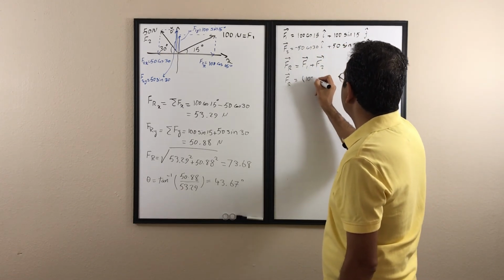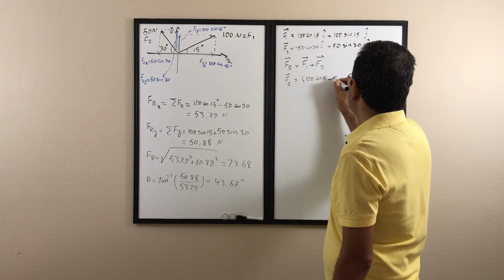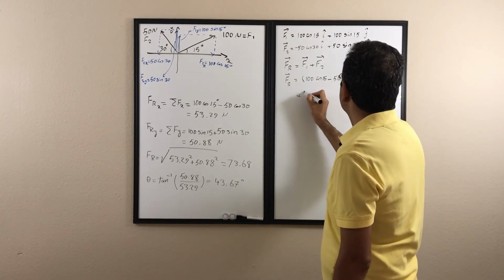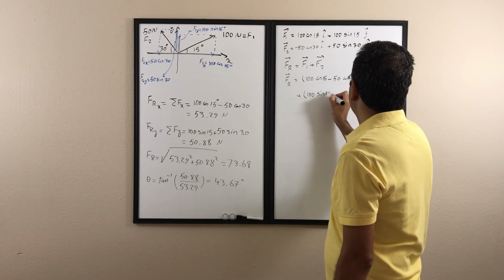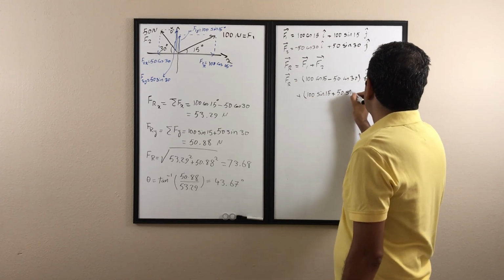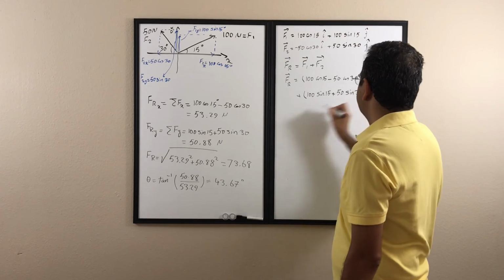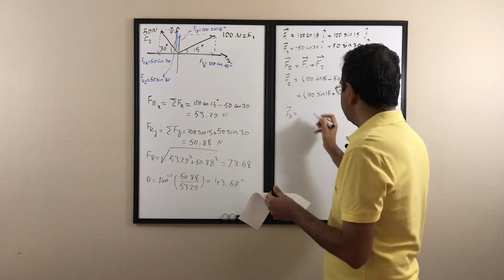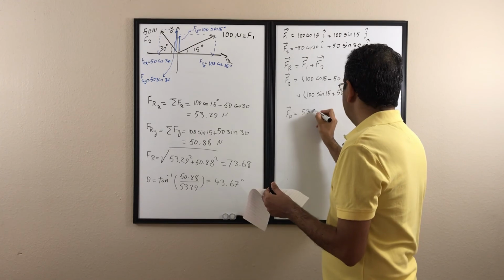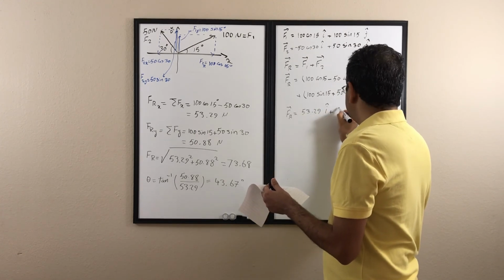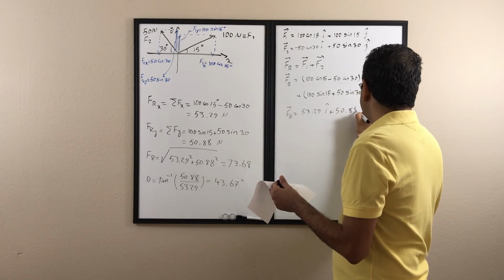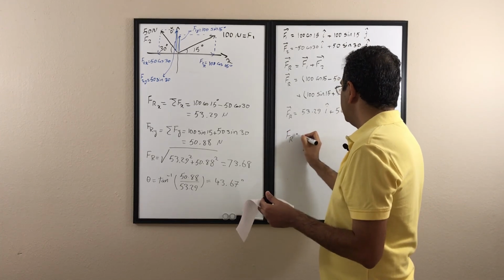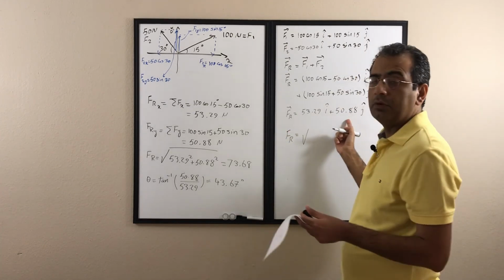So the i component is 100 cosine 15 minus 50 cosine 30, i, plus 100 sine 15 plus 50 sine 30, j, which, if we do all the calculation, we're going to end up having 53.29 i plus 50.88 j.